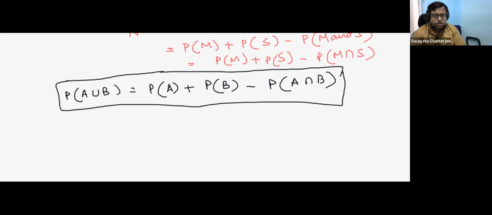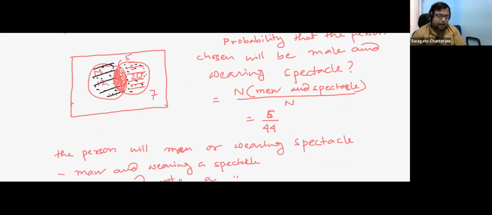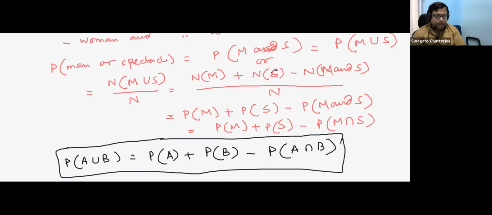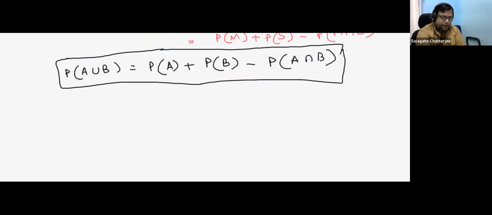So I talked about P of A intersection B. And whatever I have drawn here, let me draw it once more. So there are total, if you see, 12 plus 5, 17 men, and 20 plus 7, 27 women. So in the whole data set, out of 44 people, there were 17 men and 27 female.